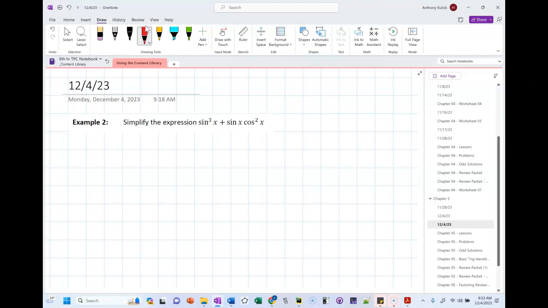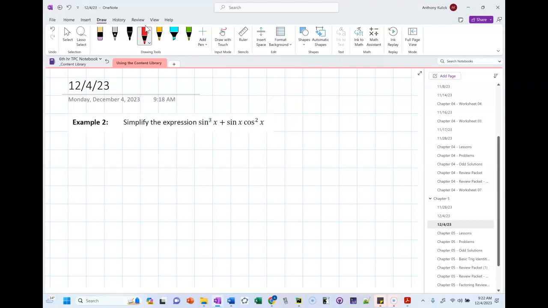Or you can use things from your identity sheet. If you have your identity sheet right in front of you, my suggestion is to have that open while we're doing this. So you want the identity side up with the list of identities. You don't want to be looking at the unit circle.